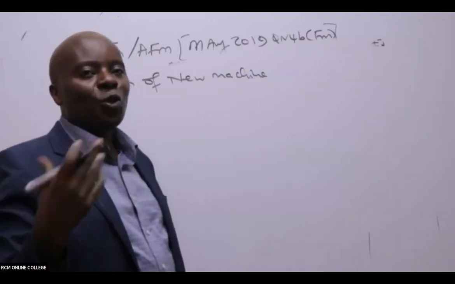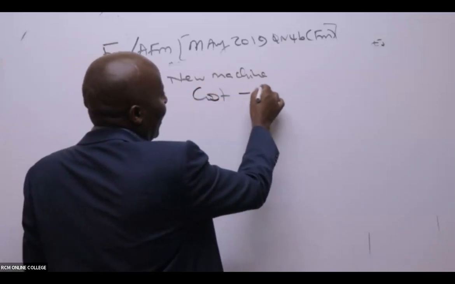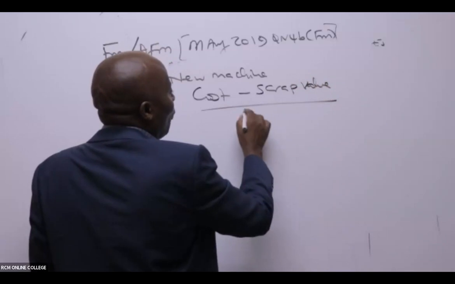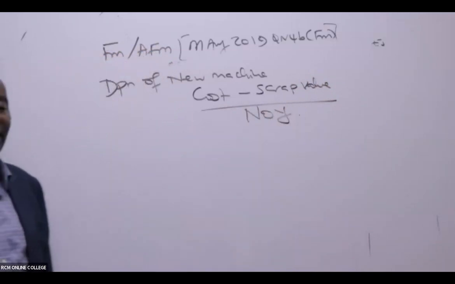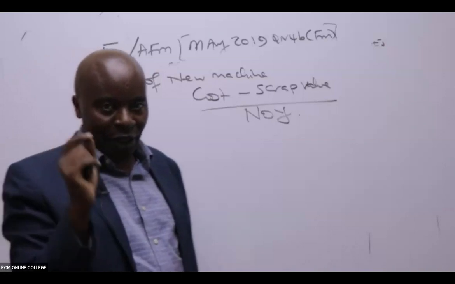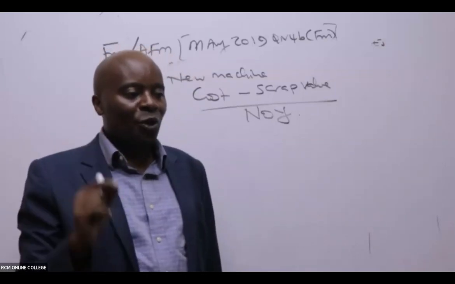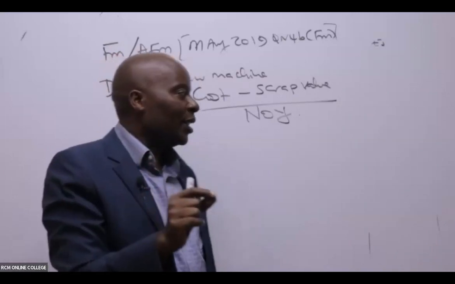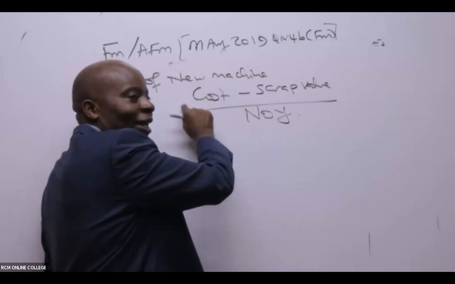And whenever it is straight line method, it is initial cost minus any scrap value, all over number of years. That's straight line. Remember, depreciation will be constant every year. And then remember the other thing, that this cost must include any installations.